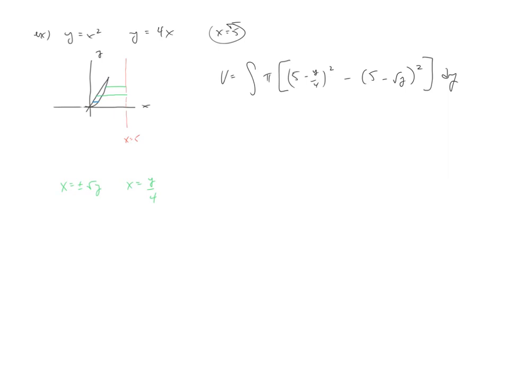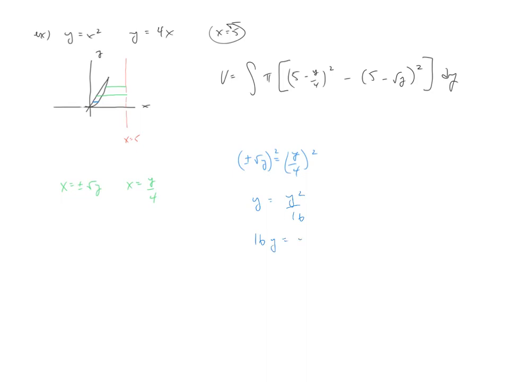So the only thing we're missing now are the bounds. To come up with these bounds, remember they have to be y's. We're going to take these two things and set them equal to one another. So we would have plus or minus root y equals y over 4. I'll square both sides, giving us y equals y squared over 16.